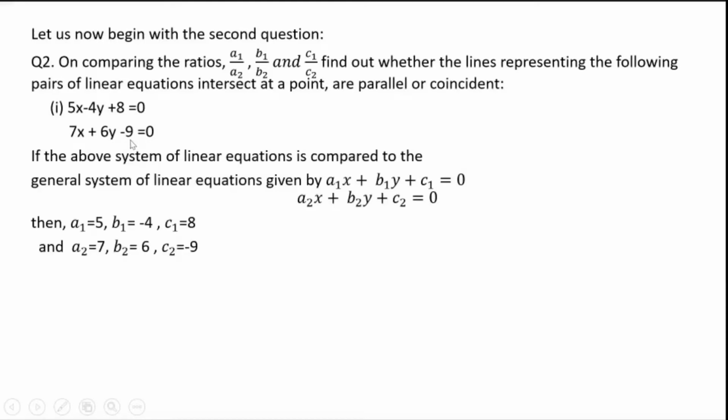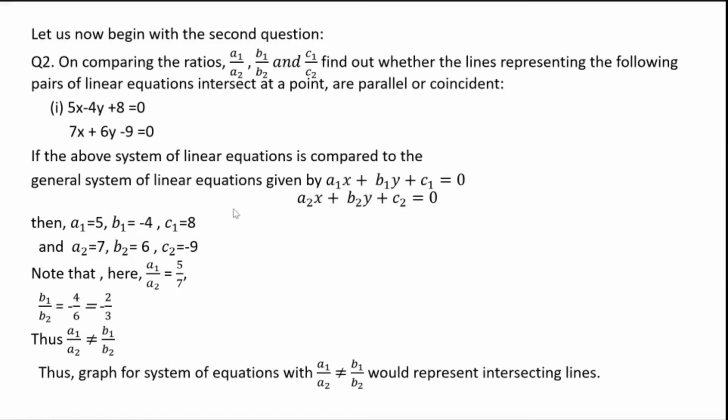I find out from here a1 upon a2 will be 5 upon 7, b1 upon b2 minus 4 upon 6. Clearly, a1 upon a2 is not equal to b1 upon b2. So because a1 upon a2 is not equal to b1 upon b2, I can say that the lines will intersect at a point, and that will be my answer.